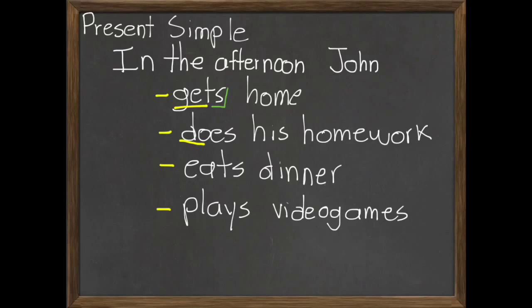Does is a verb, like do, that ends with an O, so we add an ES at the end. Eats, we just add an S at the end. And plays, like we saw before, since a vowel is before the Y, we'll just add an S at the end.